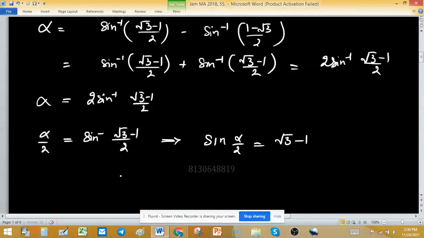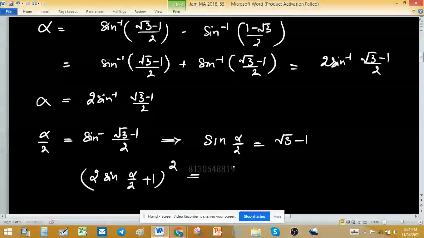So we have to evaluate 2 sine alpha by 2 plus 1 whole square. To evaluate the value of this expression, the value of sine alpha by 2 is root 3 minus 1 upon 2.